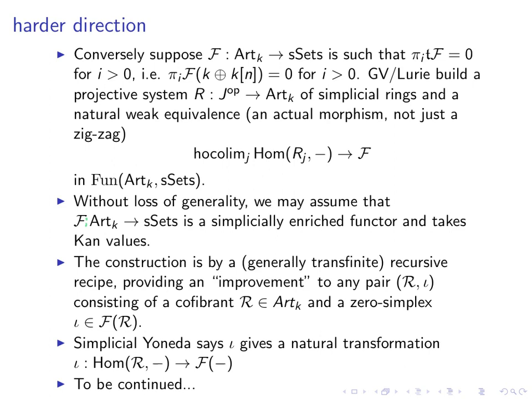And the construction is by a transfinite, recursive recipe, providing an improvement to any pair R, iota consisting of a fibrant Artin ring and a zero simplex in F of R. Then the simplicial Yoneda lemma, which holds because F is a simplicially enriched functor, gives a natural transformation from the functor of maps out of R to our functor F.